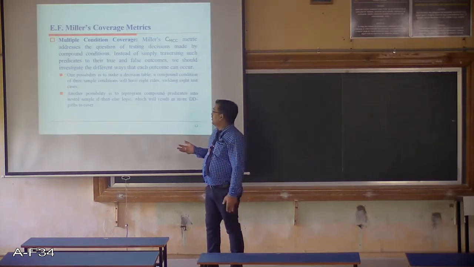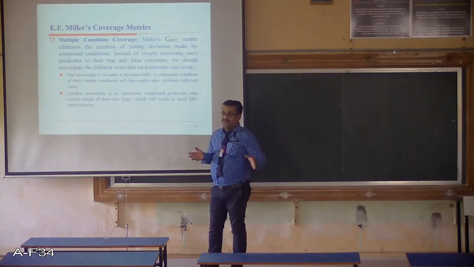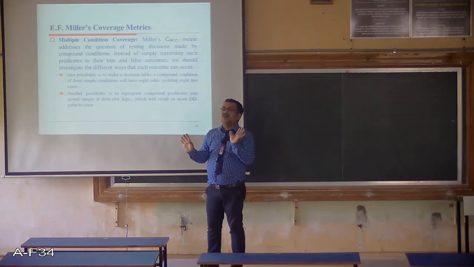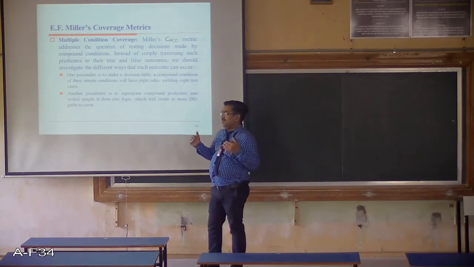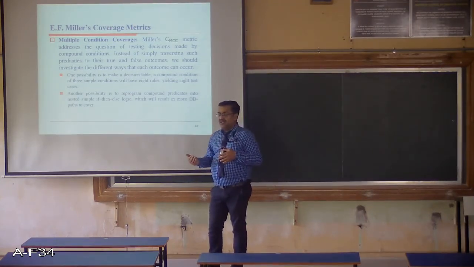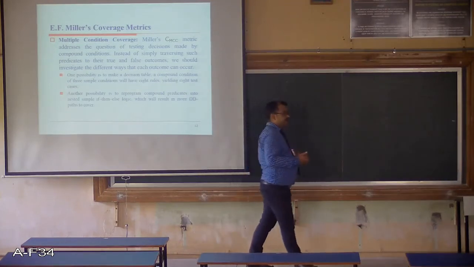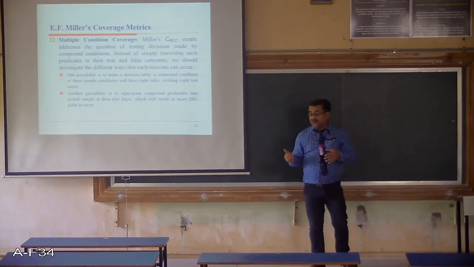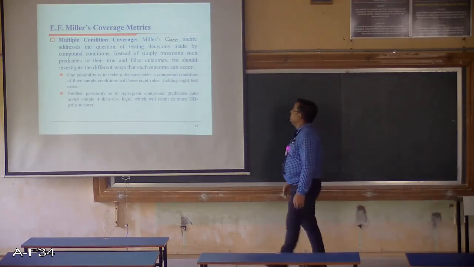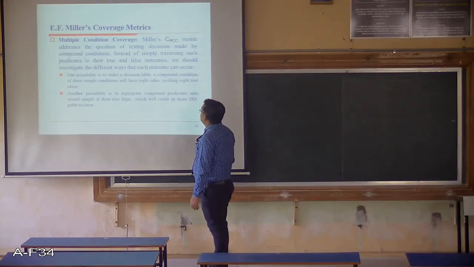But here we can have the entire set of individual conditions joined with and, or, and we can create a truth table of those conditions. For every entry, or every legal entry, of the truth table we can create a decision table and create the test cases. That is the multiple condition coverage.